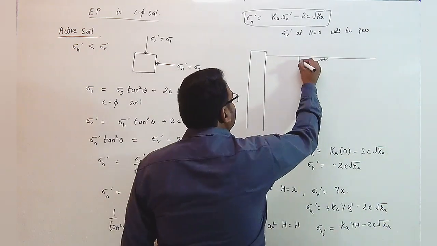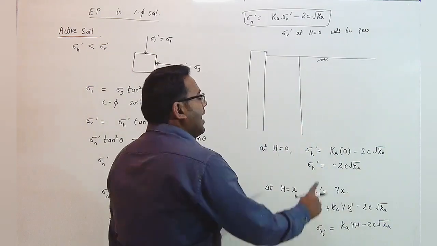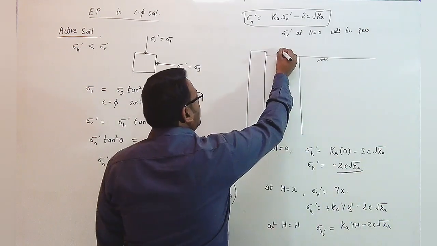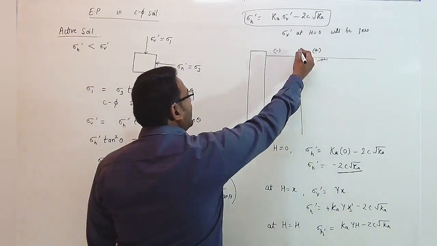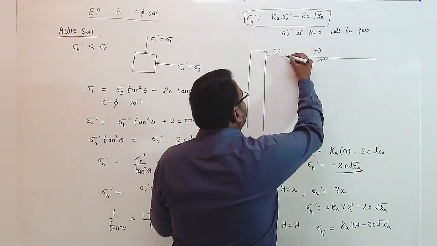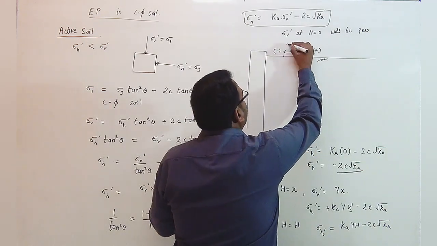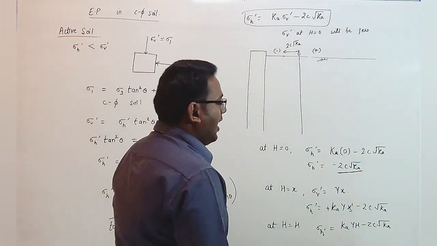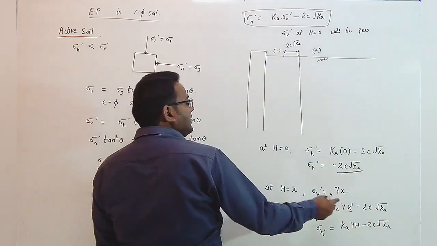If we are plotting this line as a zero level line, we can easily say that at the top the horizontal stress was negative. So plotting values negative on this side and positive on this side, the line indicates zero level. Then at the top, the earth pressure value is negative 2c under root of K. After that, the value of horizontal stress is increasing linearly.